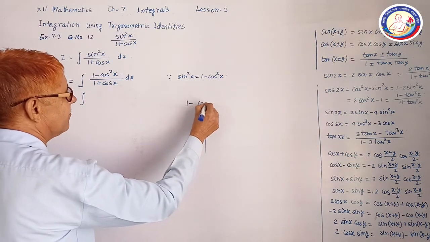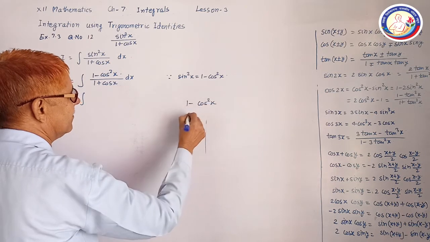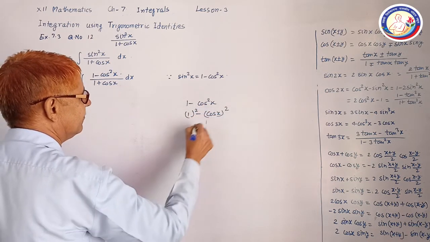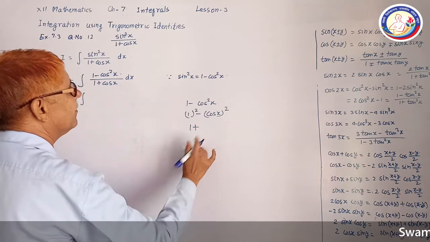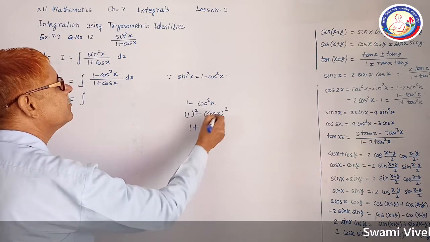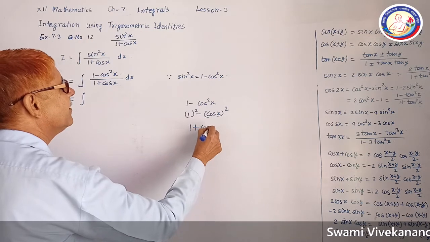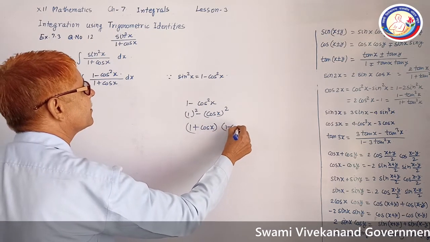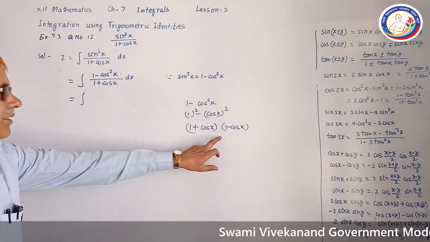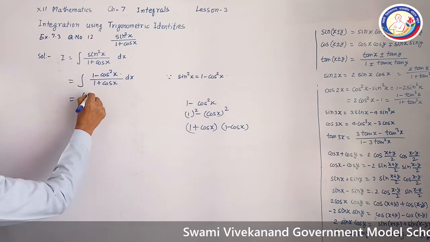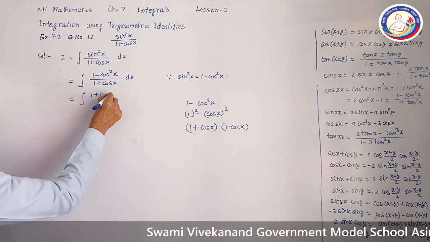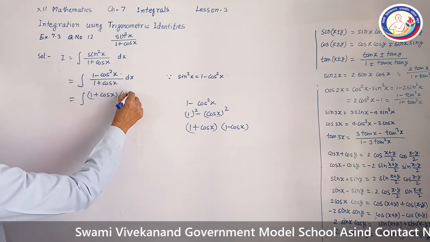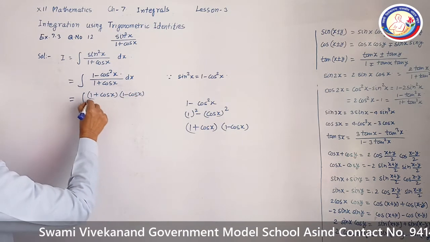This is square of 1, then this is square of cos x. So first it is the addition of these two and then subtraction, 1 minus cos x. So by using this formula, we can write here 1 plus cos x multiplied by 1 minus cos x.